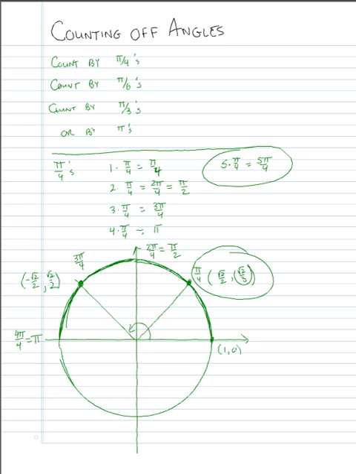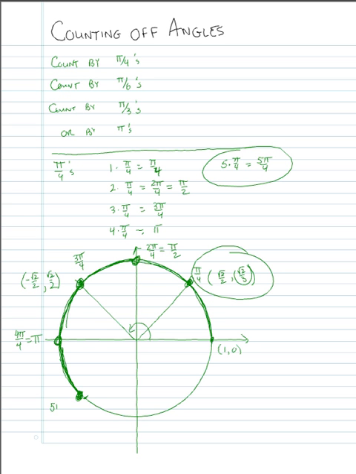We do that again, that'll put us about right here, won't it? Oh, I've gone a little too far. Put us about right here. That's where we will be if we go another pi over 4. So this position, let's see, where are we? Here's 1 pi over 4, 2 pi over 4, 3 pi over 4, 4 pi over 4. Now we're at 5 pi over 4.